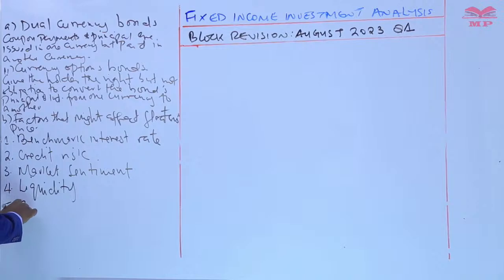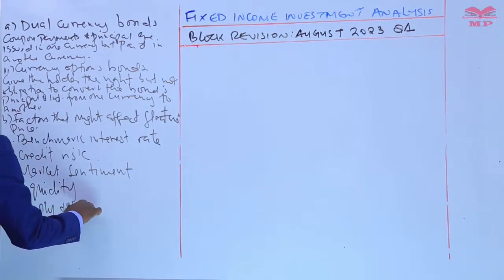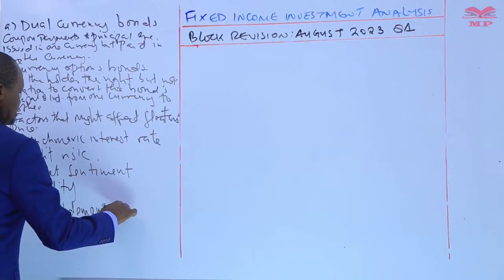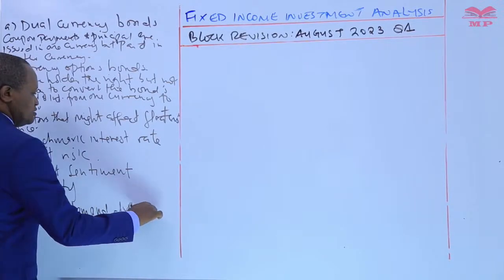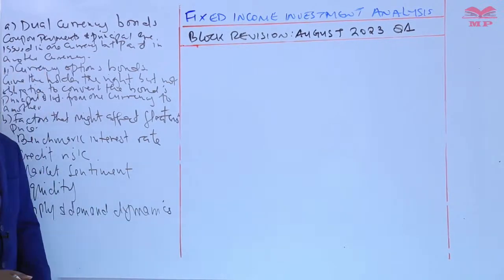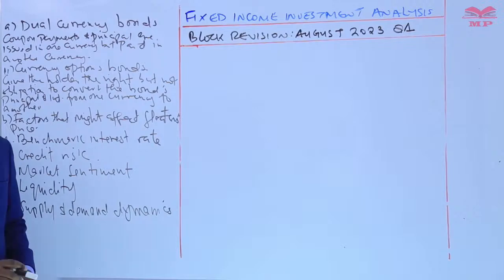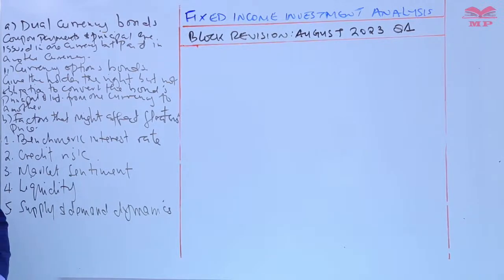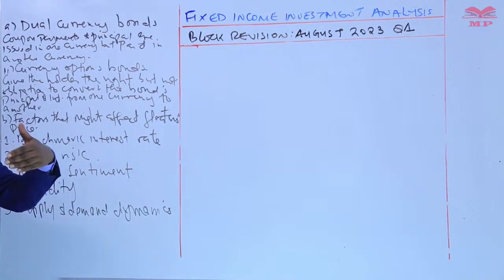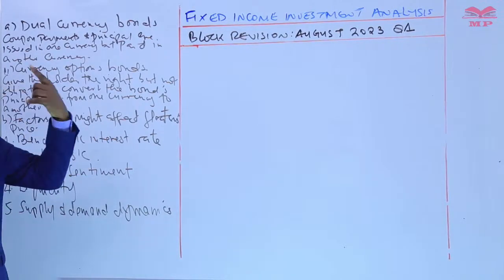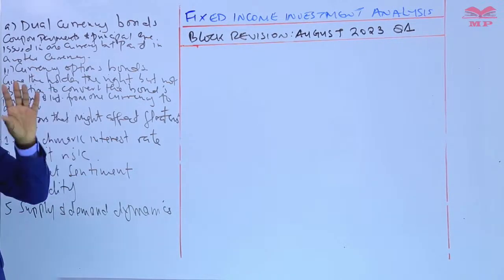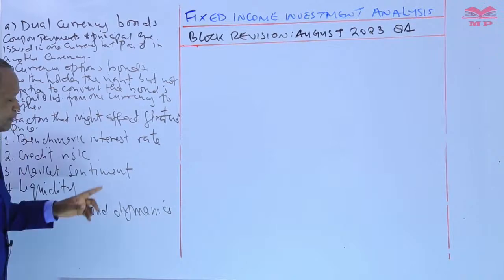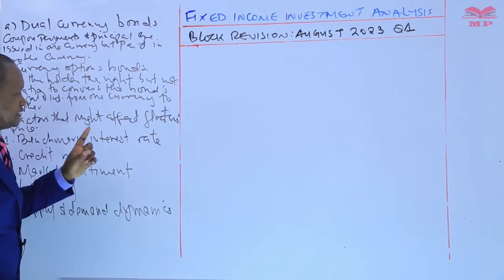5, supply and demand dynamics. Changes in supply and demand for floaters in the market can affect their prices. Increased demand relative to supply can drive up prices, while excess supply can lead to lower floaters prices.